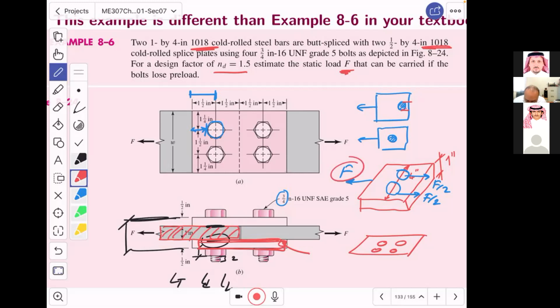But the bottom one is where the shearing is going to happen. And the force F is going to be transferred to the 2 slices. Do you understand that? I hope you do.